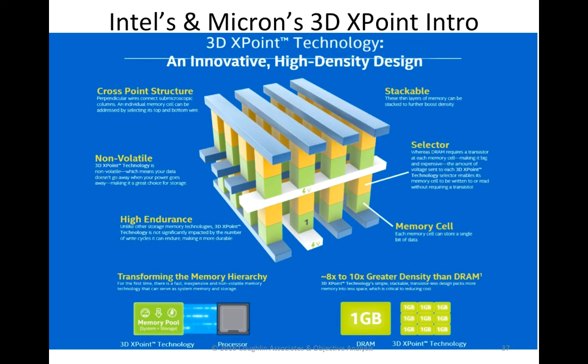They feel that they can build this up into multiple stacks of vertical structure, and therefore get fairly high densities. Advantages: it's greater density than DRAM, so the cost per bit is going to be less than DRAM. It has higher endurance than flash memory, so it kind of fills a niche between flash memory and DRAM to perhaps create something closer to memory speed non-volatile memories.